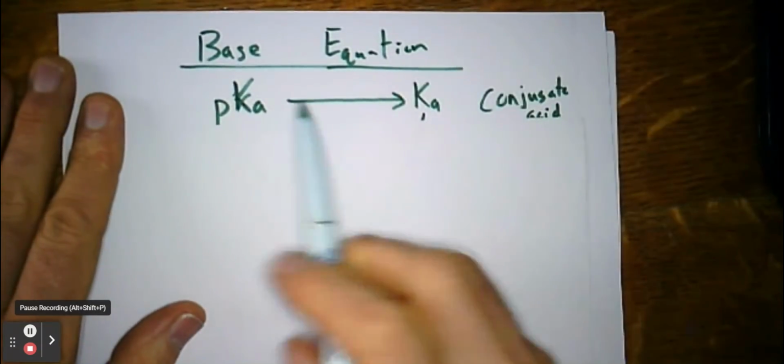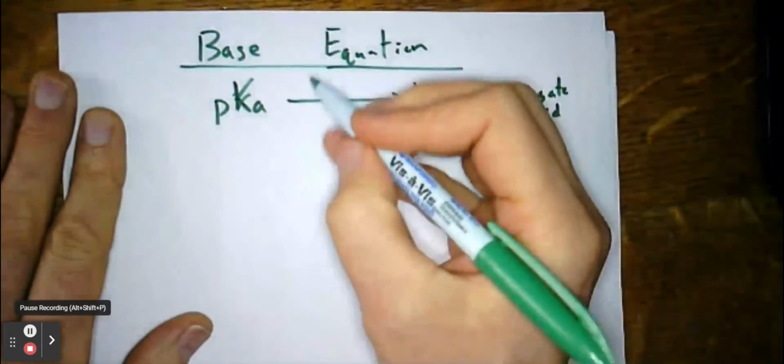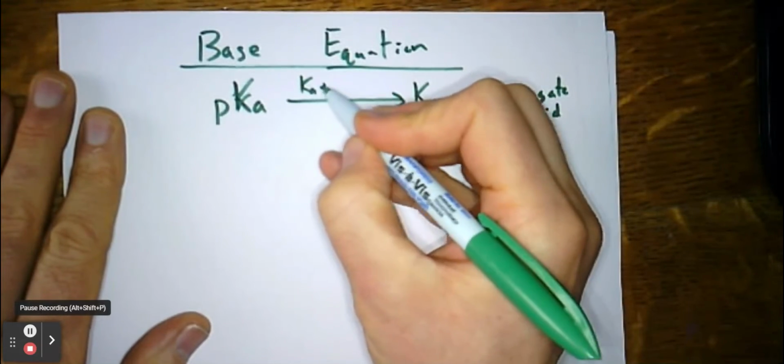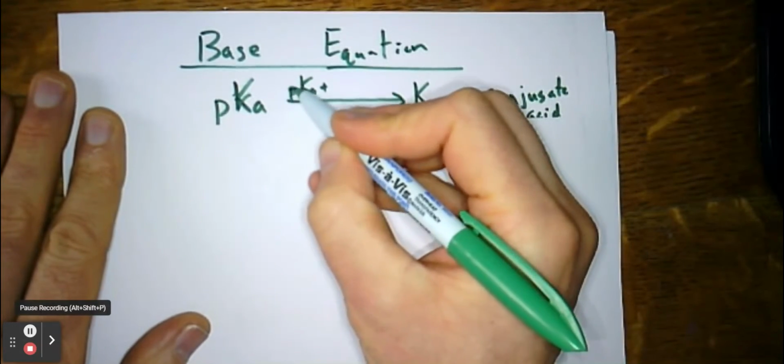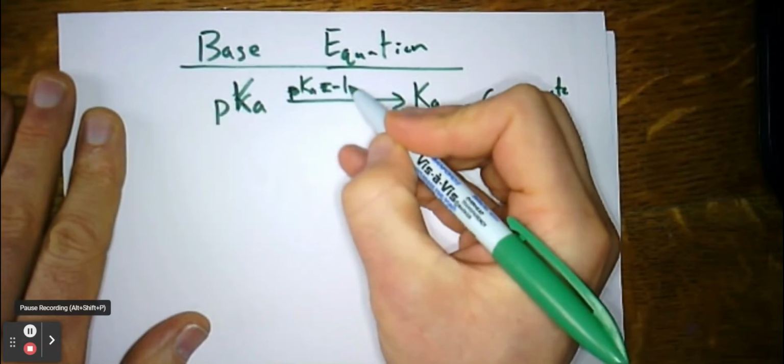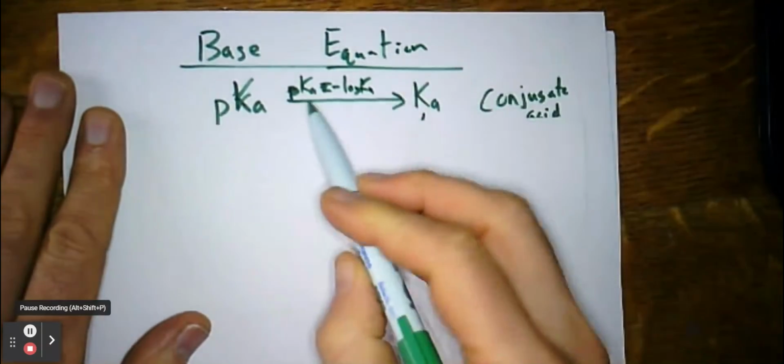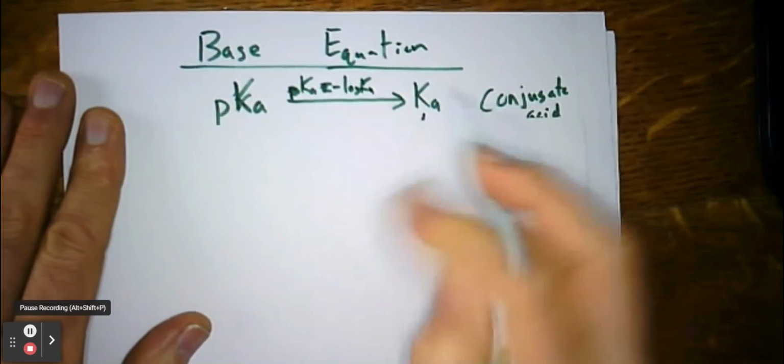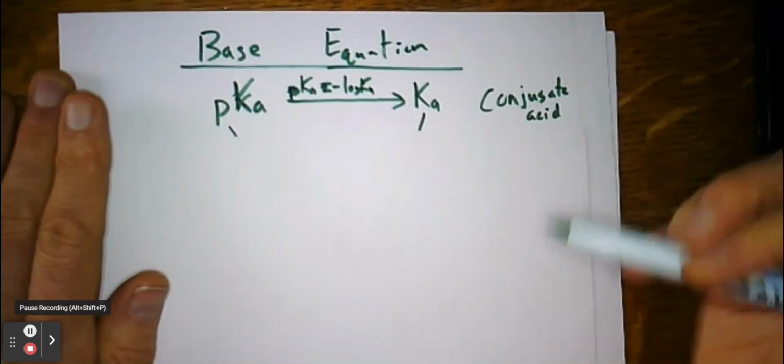If you're given a pKa, you can get to the Ka because pKa is equal to the negative log of the Ka. Ultimately, you want to get to your Kb.